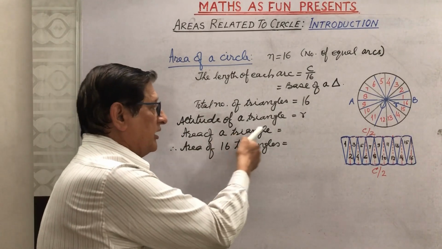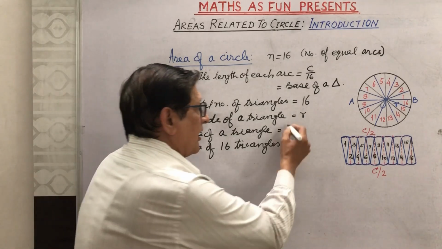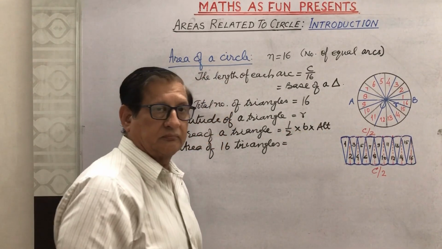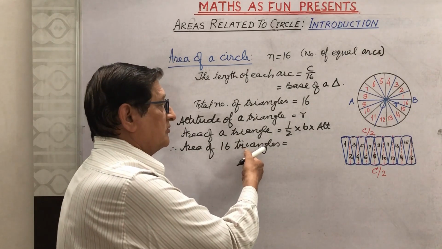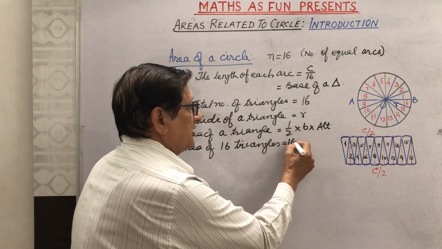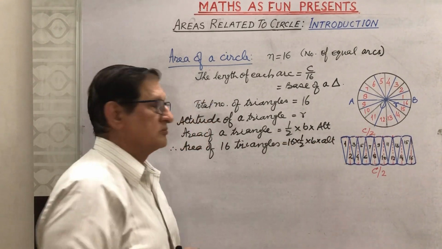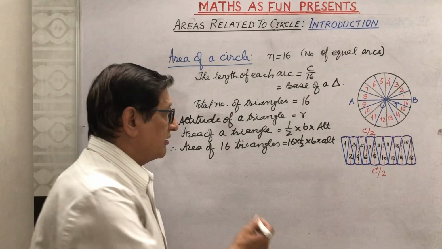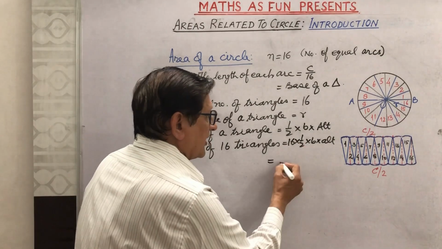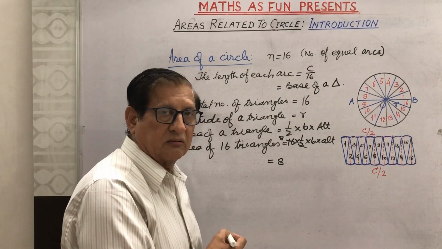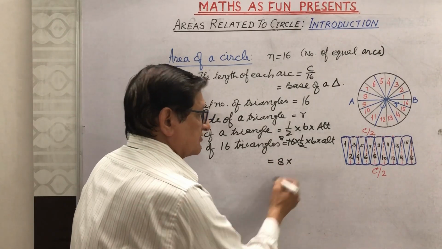We know that the area of a triangle is given by half into base into altitude. So the area of 16 triangles will be 16 into half into base into altitude. Here 2 into 8 is 16, into base.